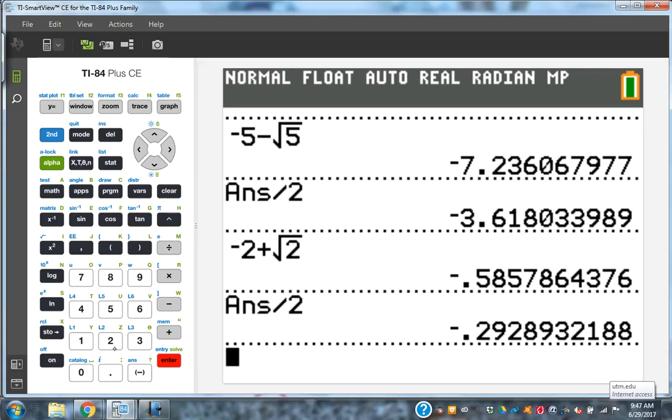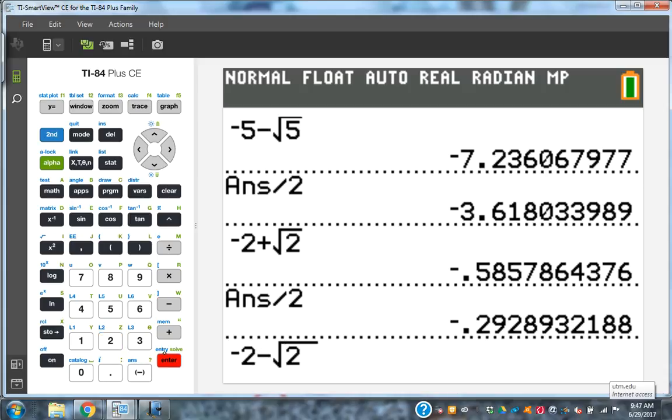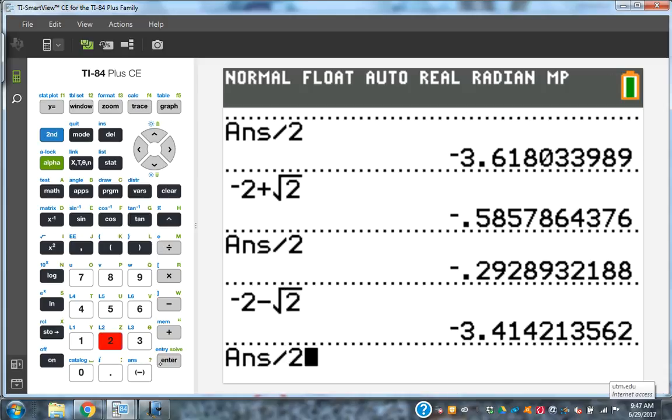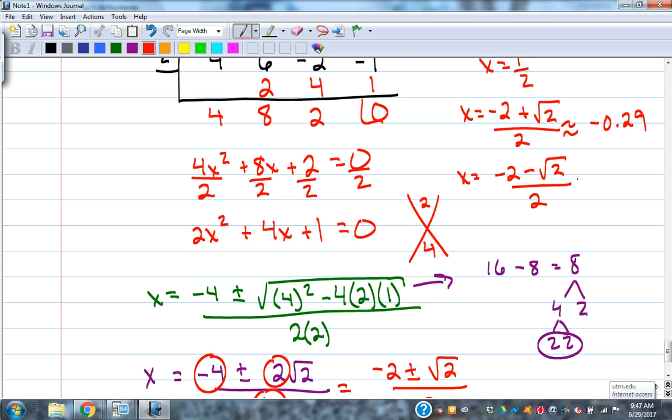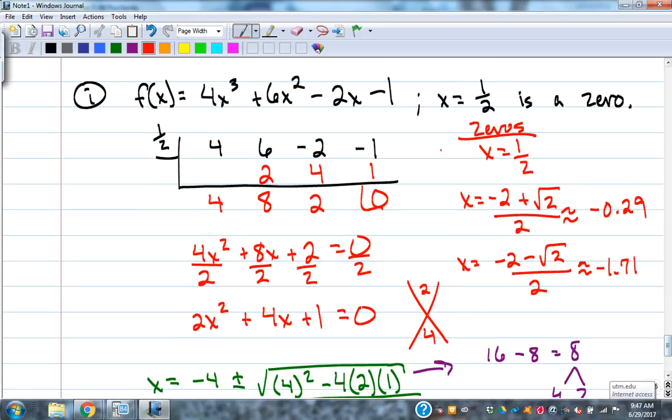Do the minus. Negative 2 minus the square root of 2, divided by 2: negative 1.71. So we get 3 zeros.